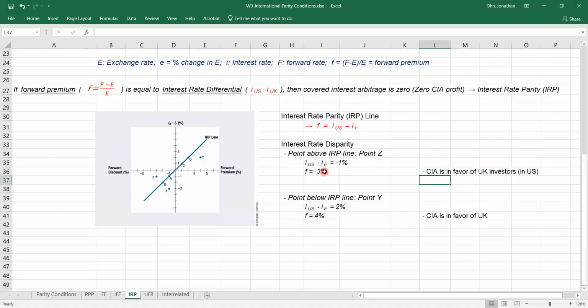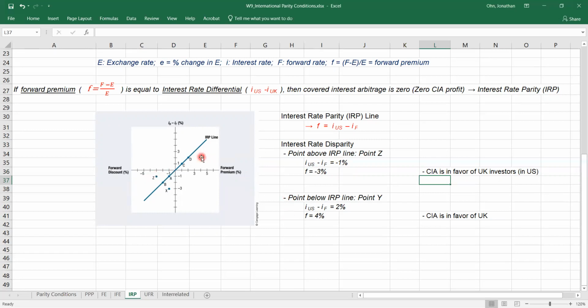This one will adjust toward -1, to approach this -1. That way, the covered interest arbitrage opportunity will disappear. That means this deviation will narrow and disappear. Okay.